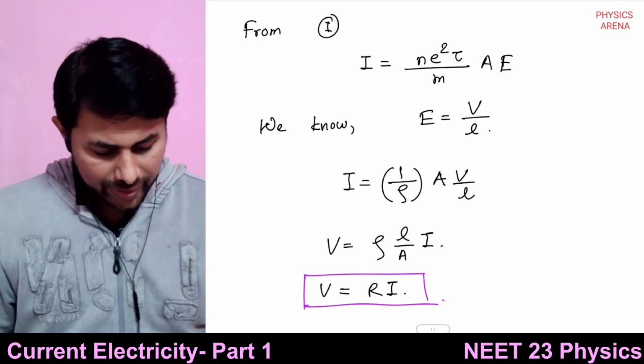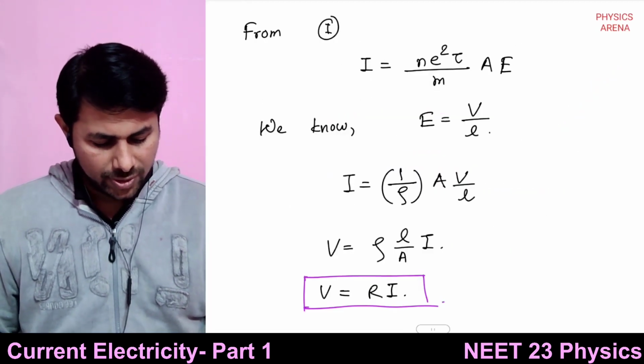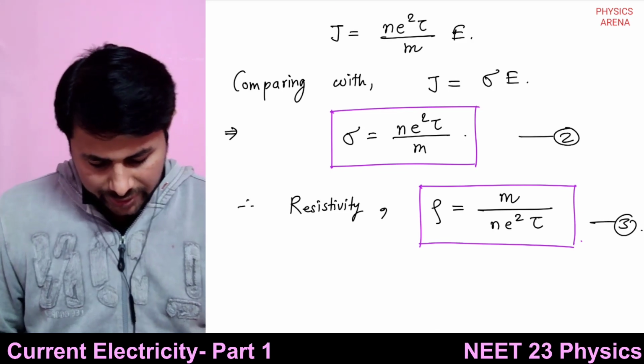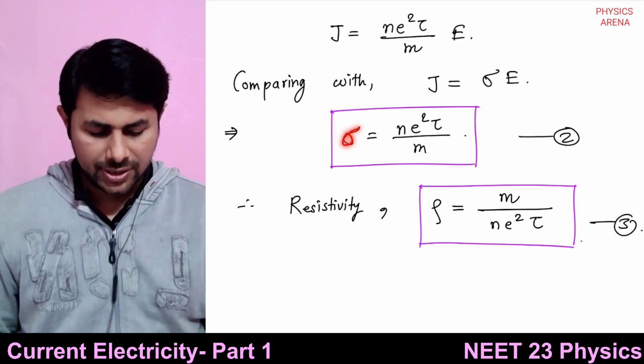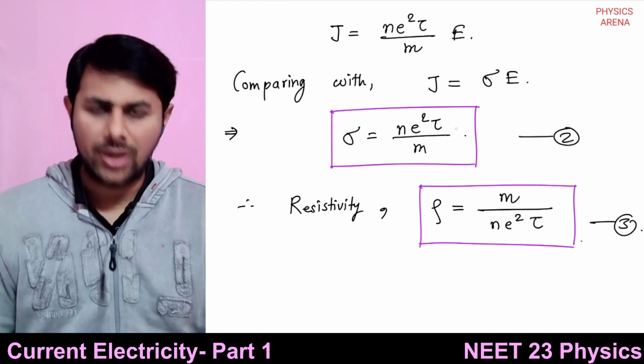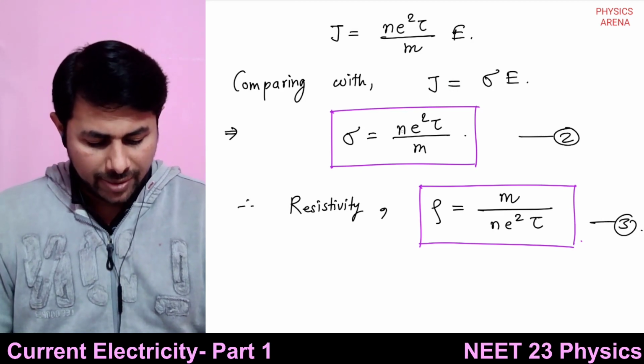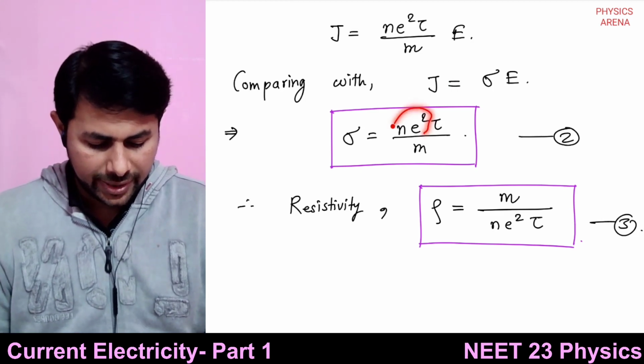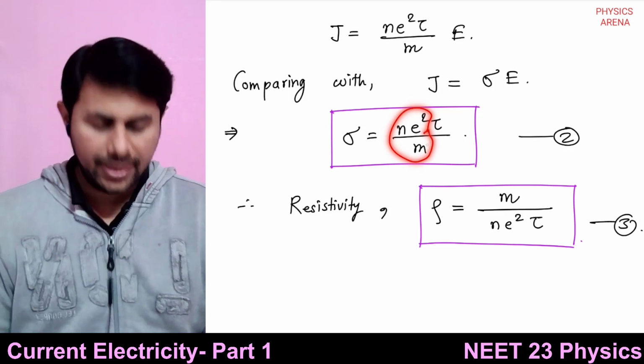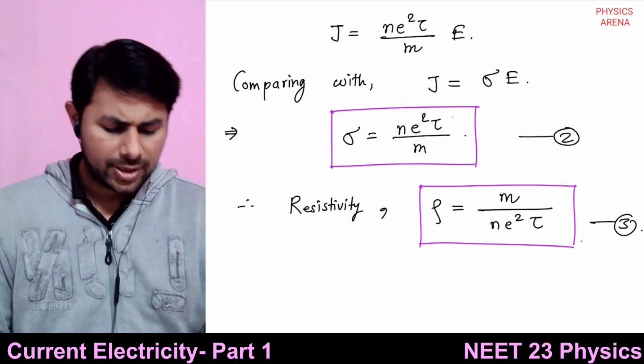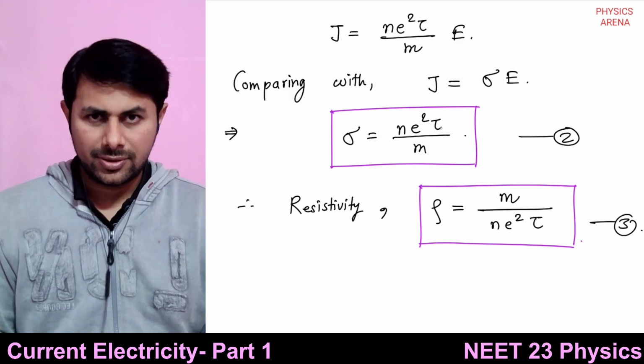While deriving Ohm's law, what we have considered is sigma, which is conductivity, to be a constant. See, sigma depends on what? Three things defining sigma: n, e and m. It is fairly constant, we can say, right?